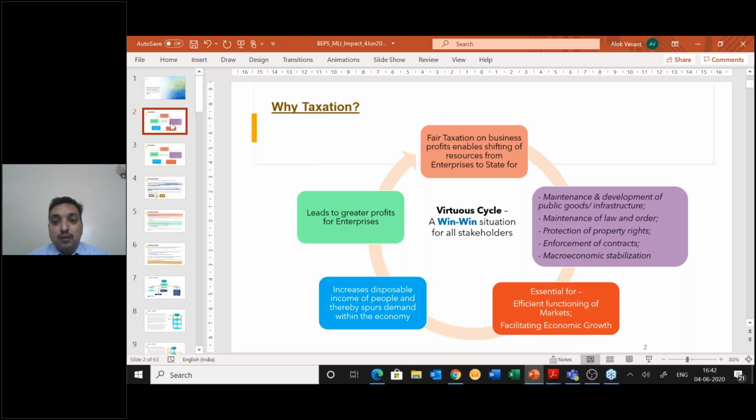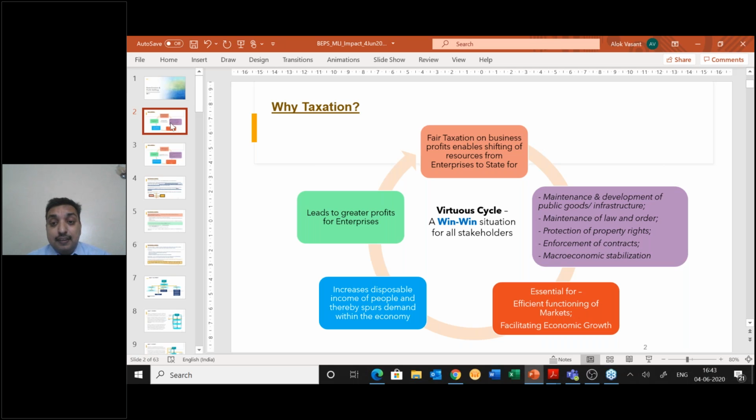It uses it for protection of your property. It uses it for enforcement of contracts, and it also uses it for stabilizing from a macroeconomic standpoint. So it helps the poor with those tax monies so that the imbalance which is created gets somewhat addressed. All this happens with the taxes which are paid by multinationals to a particular country.